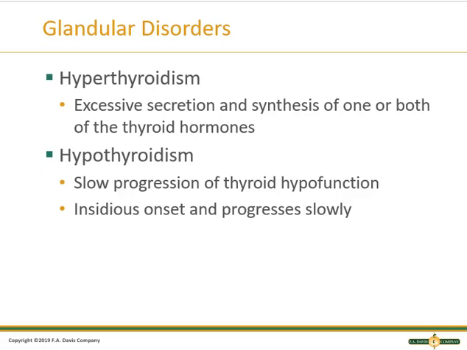Next, let's talk about hypothyroidism, which is a slow progressive disease of thyroid hypofunction. It can lead to inadequate amounts of the thyroid hormone being produced or secreted and results in slowing of many bodily functions and metabolic processes.